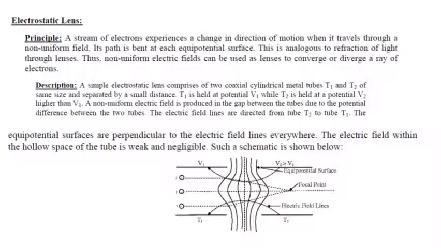If the electrons are moving from left to right, they will converge due to continuous bending at one point. Yes, this is the basic output of this electron lens. If you pass electrons through the cylinder, then due to this convex behavior of the equipotential surface, all the electrons will converge at a point that is called the focal point.